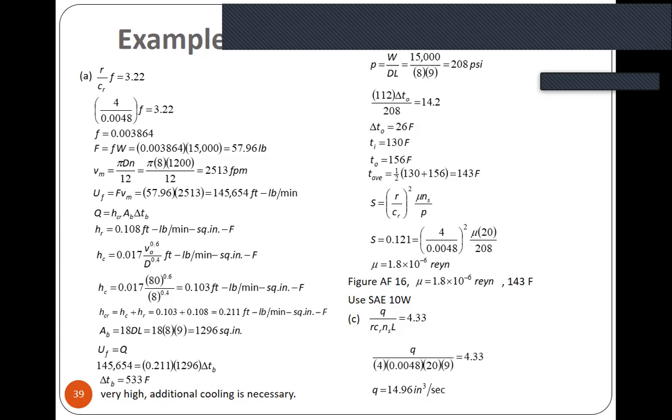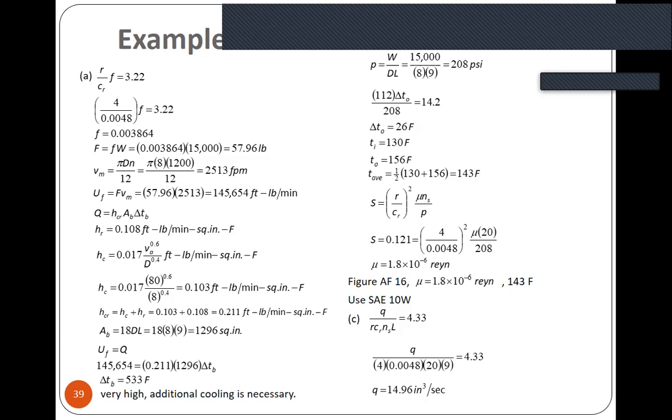So S sub R is 0.108, S sub C is 0.017 times P sub A 0.6 over D is 0.4. So S sub C is equal to 0.07 times 80 is 0.6 over 8.4 is 0.103. Added 2, it becomes 0.211 per minute square inch Fahrenheit.